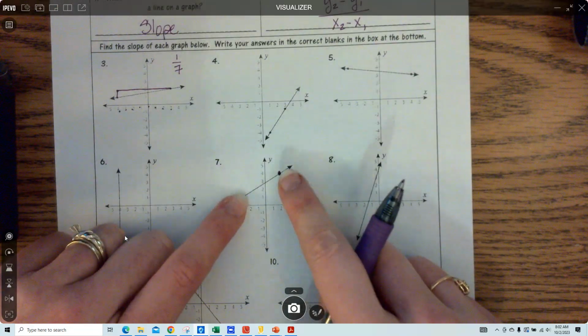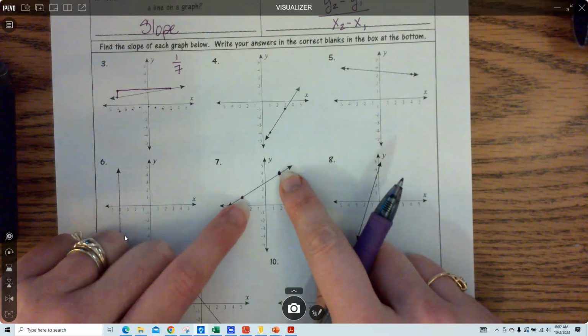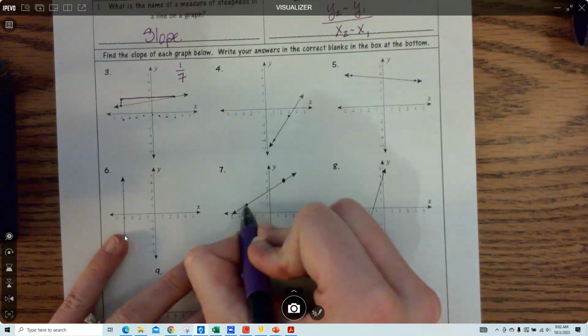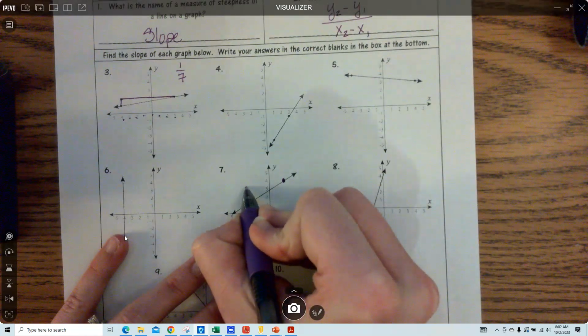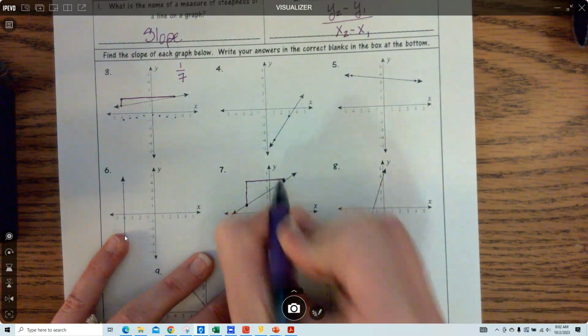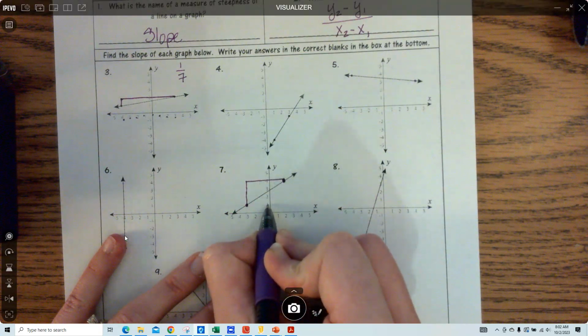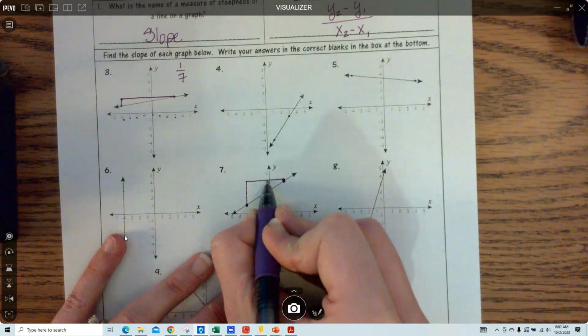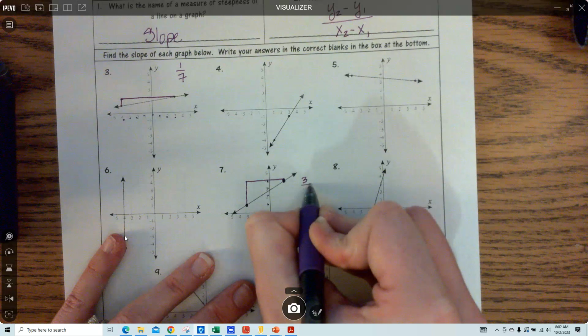Okay, so from here to here, do I need to go up or down? Up. So my first move is up. And then my second move has to be to the right. I went up 1, 2, 3, so I went up 3.